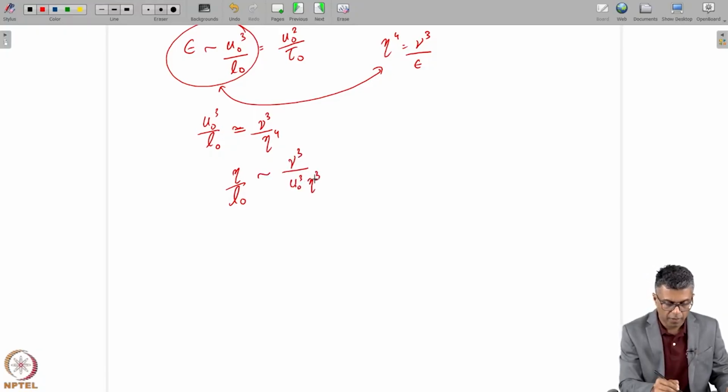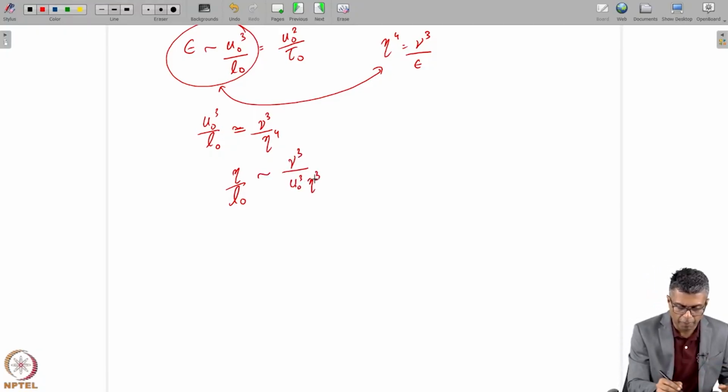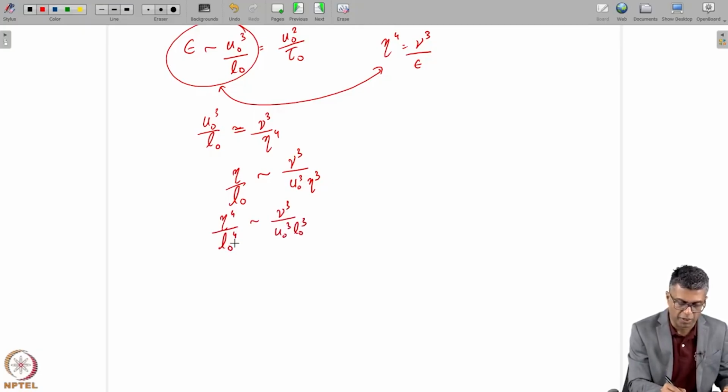Eta cube. Now, just so that I can manipulate this, I'll write this as eta to the 4 over L0 to the 4 is of the order of magnitude of nu cube over U0 cube L0 cube, isn't it? Because I have an L0 to the 4 here, so I brought an L0 cube on the right hand side.